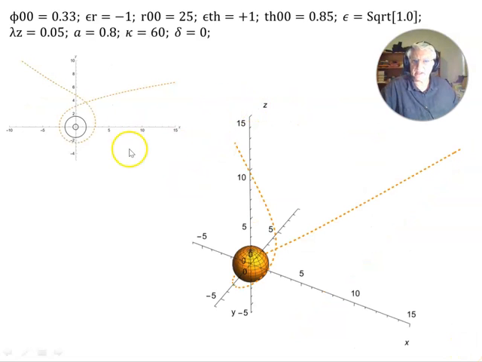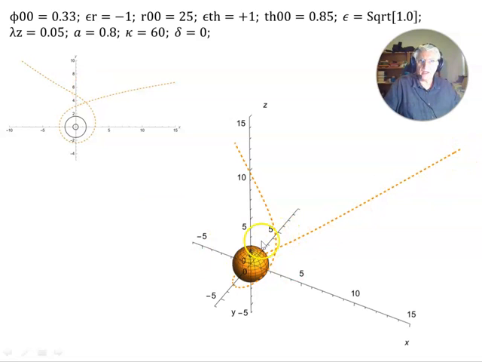Okay, so here is a deflection orbit. We've started over here, inward bound, epsilon r -1, starting 25 units out. The energy parameter epsilon is 1. The angular momentum about the vertical axis of the photon is almost 0, so not quite 0.